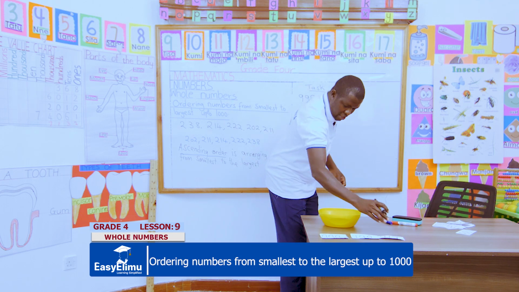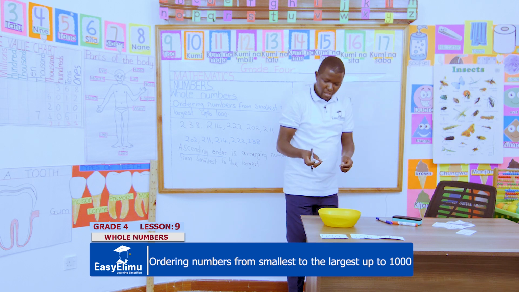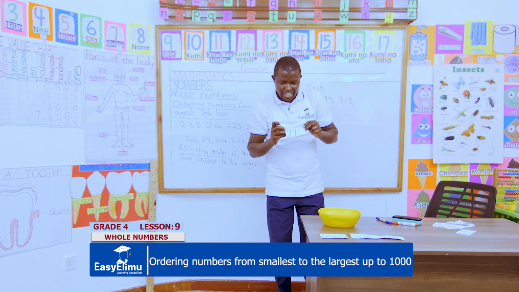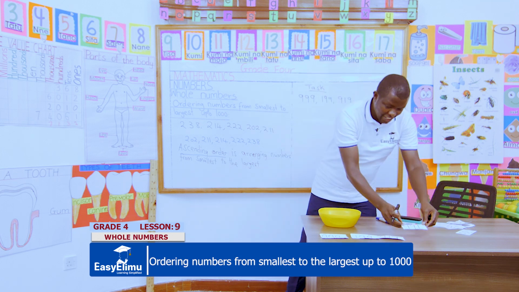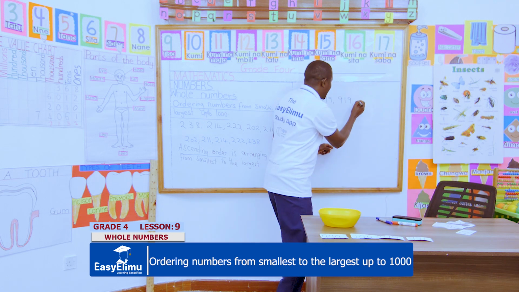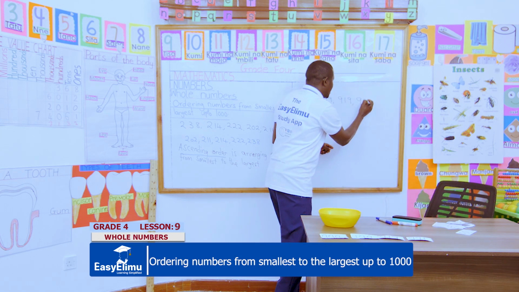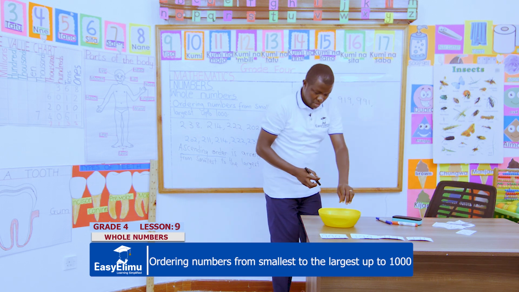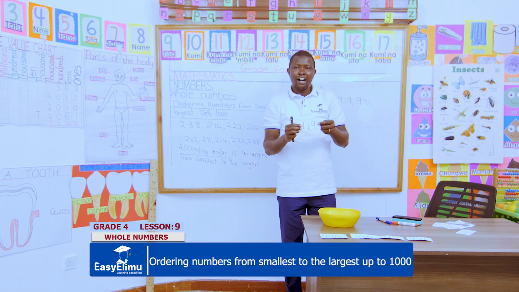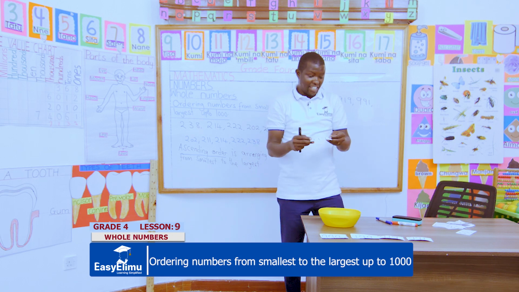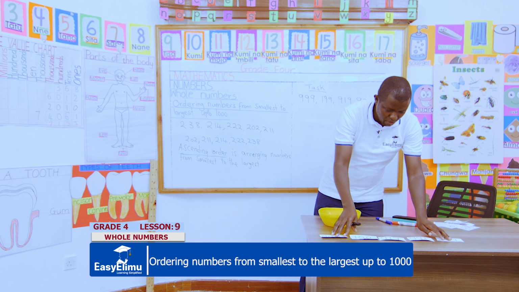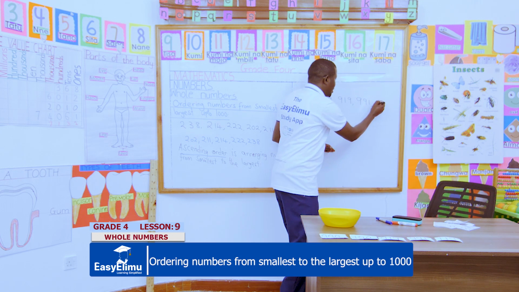The fourth one you've picked is 991. And the last fifth number, 119. That becomes our fifth number.